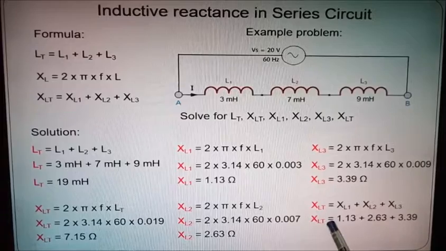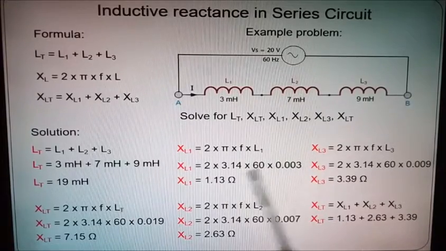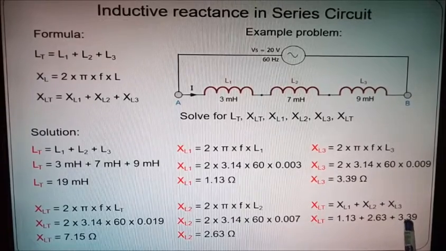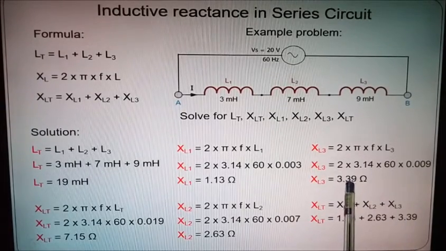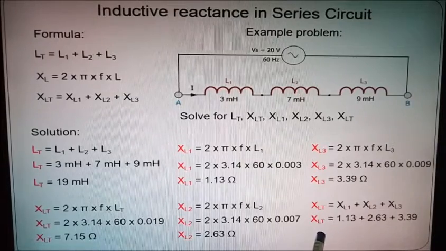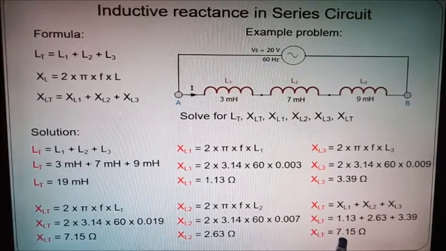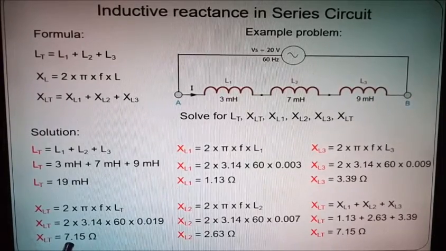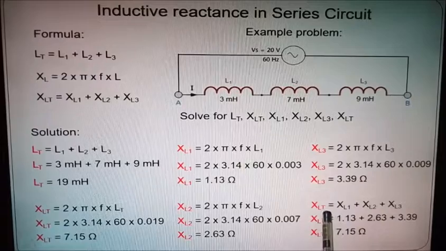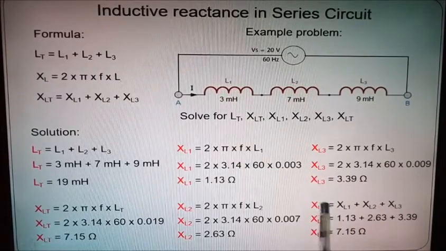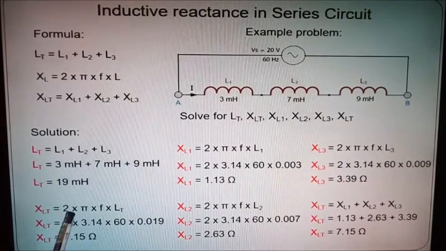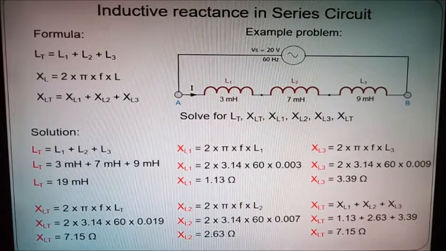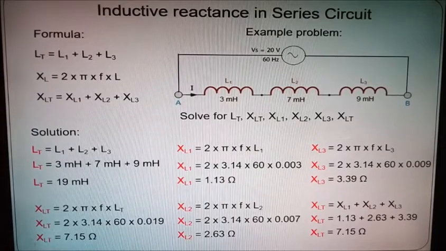Your XL1 is 1.13, your XL2 is 2.63, and your XL3 is 3.39. So your total inductive reactance is equal to 7.15 ohms. Remember guys that XLT here is different from XLT here, the formula, but the answer is the same.